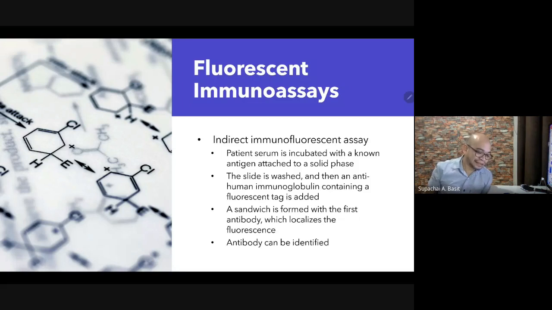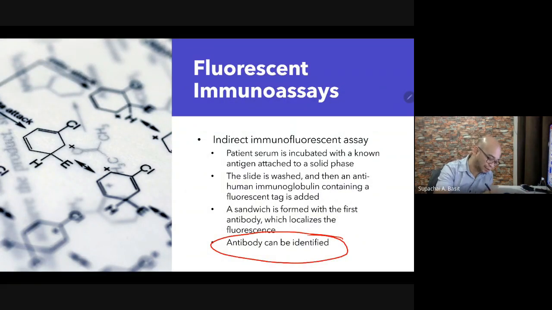The other one is the indirect immunofluorescent assay. So this time, patient serum is incubated with a known antigen attached to a solid phase, which means that this one is used for the detection of patient's antibody. The slide is washed, and then anti-human immune globulin containing a fluorescent tag is added.